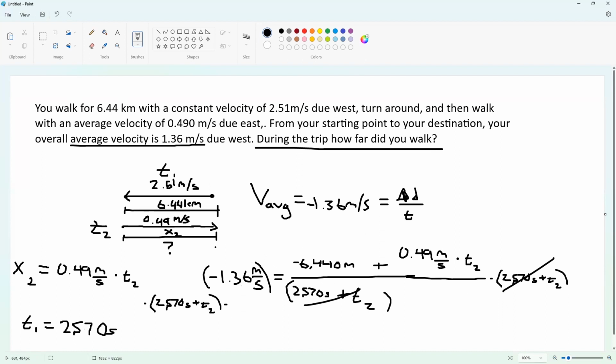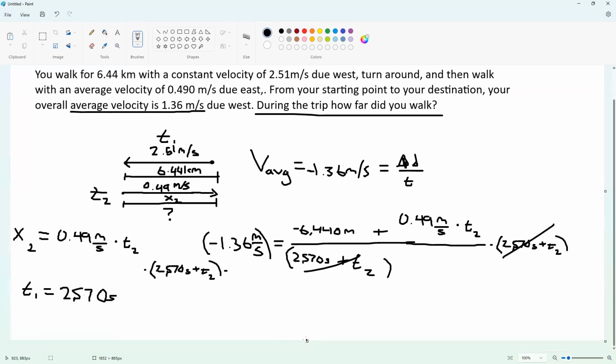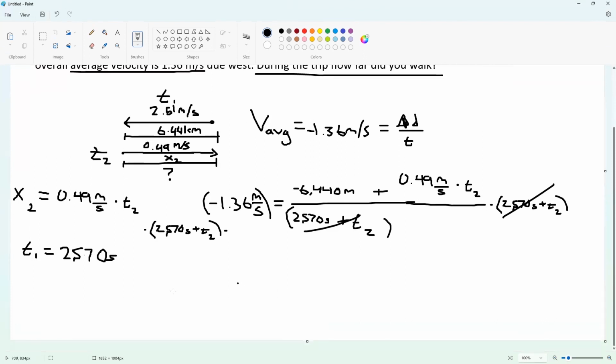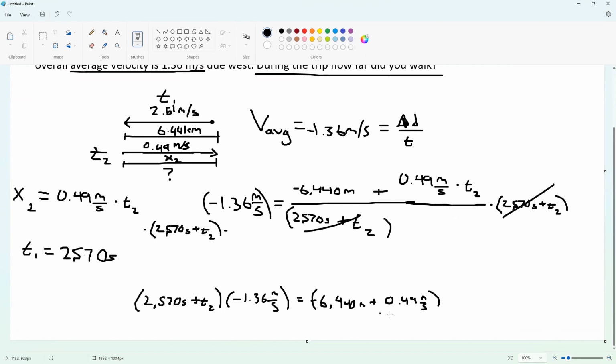And then once we have that, we're going to be left with 2,570 seconds. 2 times negative 1.36 per second is equal to 6,440 meters plus 0.49 meters per second times T2. And what we will do from here is multiply this out.